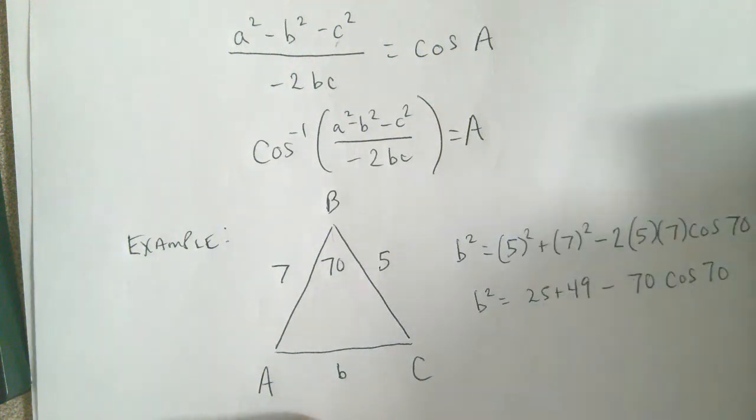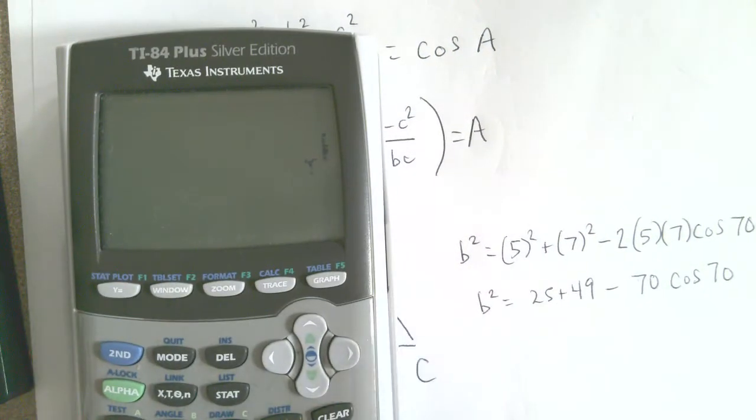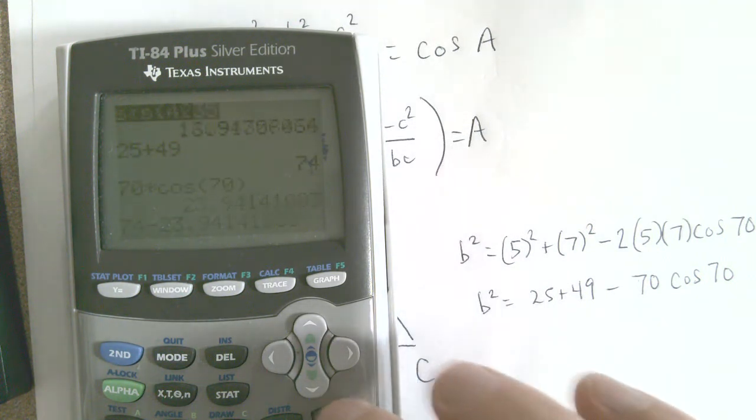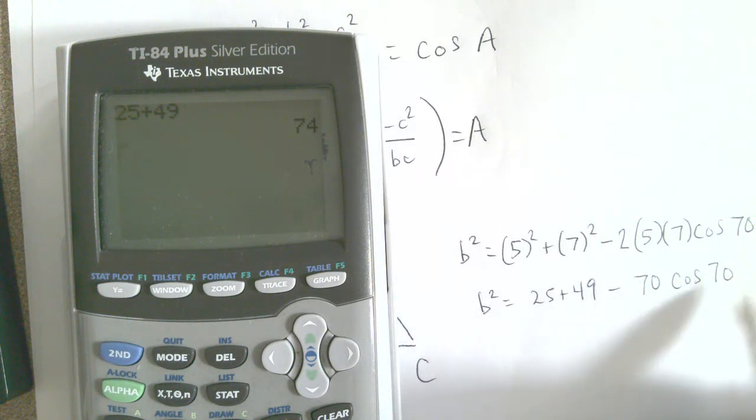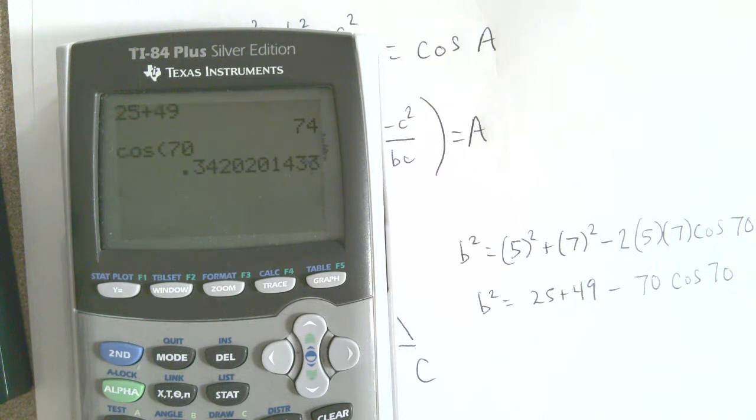I'm going to put this into my calculator. 25 plus 49 is 74. Then I'll do the cosine of 70 and multiply that times negative 70, which gives me a negative 23.94. Now I take 74 and subtract that.